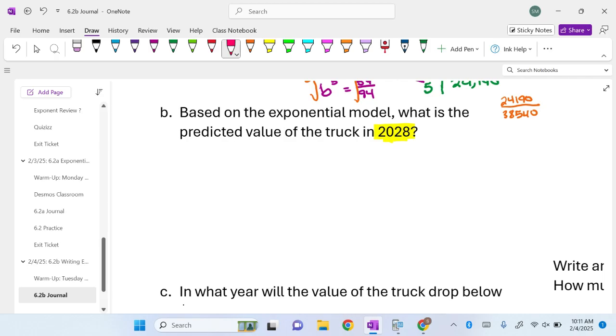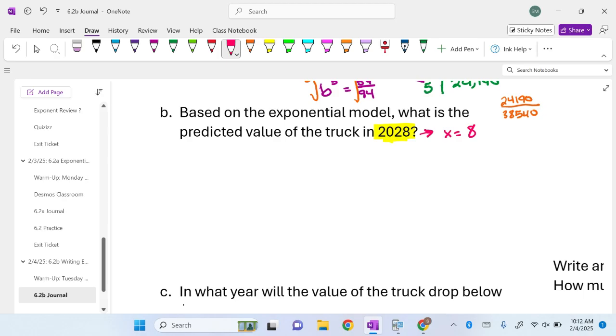Now, we know that X is not the actual year number. In this case, X would be what? Remember, we started in 2020. So X would equal how many years have passed from 2020? 8 years. So X is equal to 8.